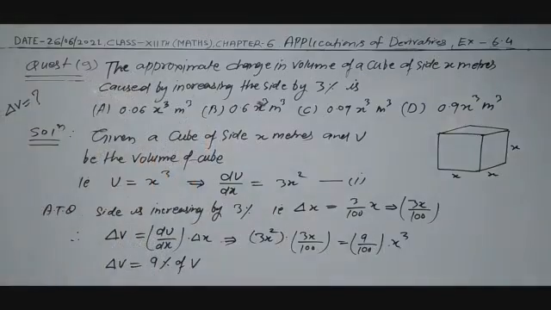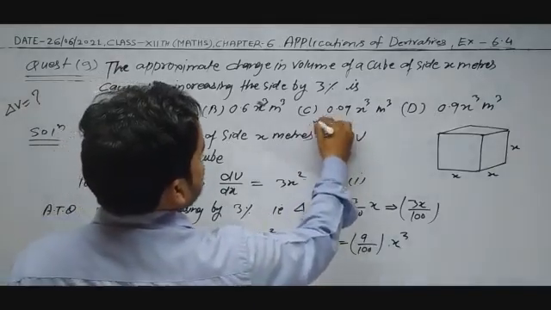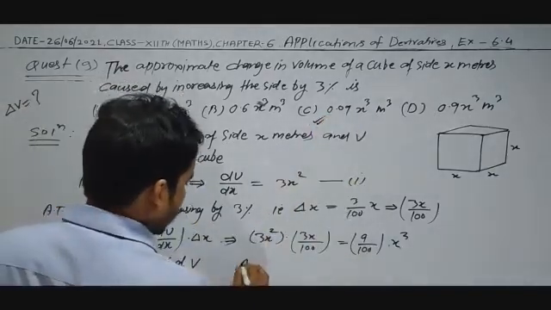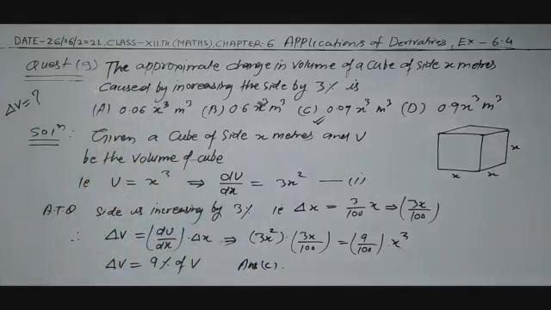So what is the result? The result is 9 by 100 x cube, means 0.09. This is the answer. Answer C. So now this is completed.